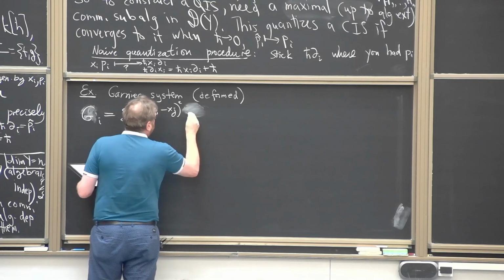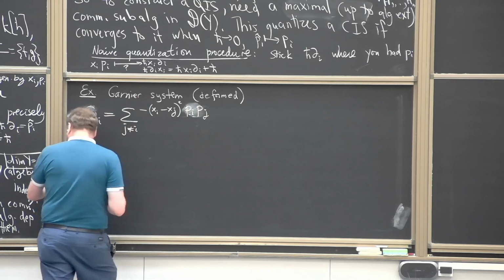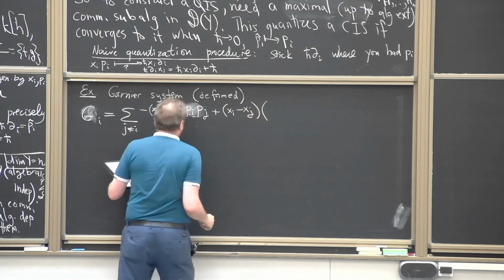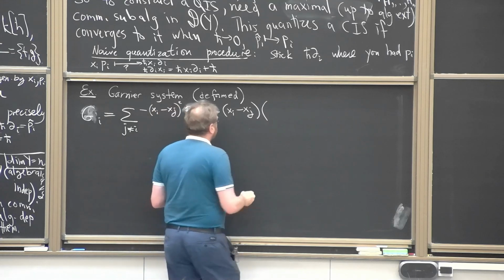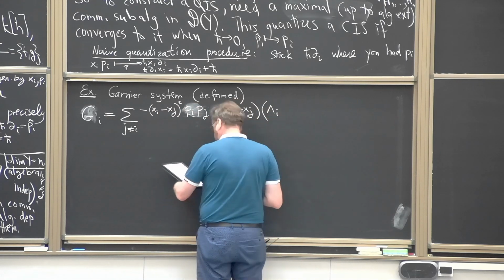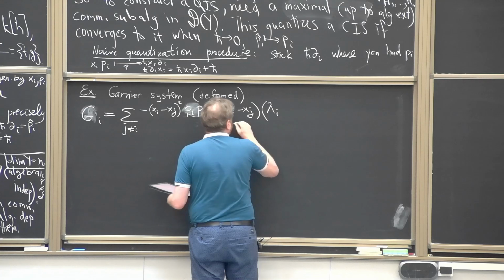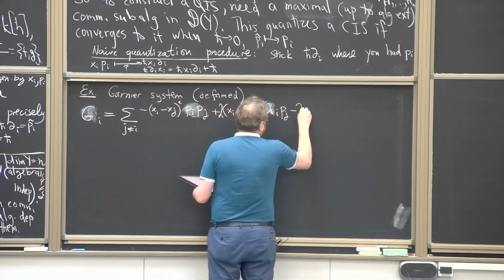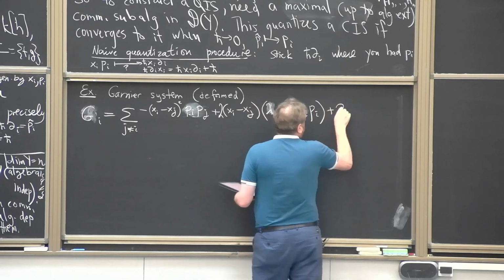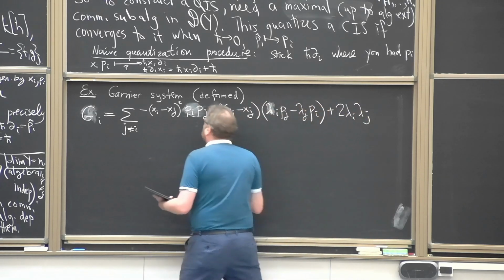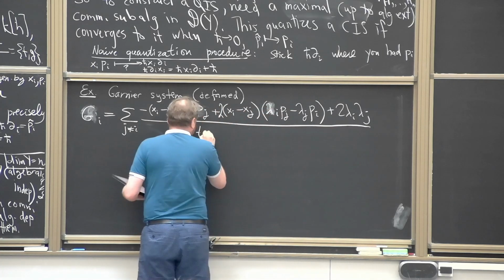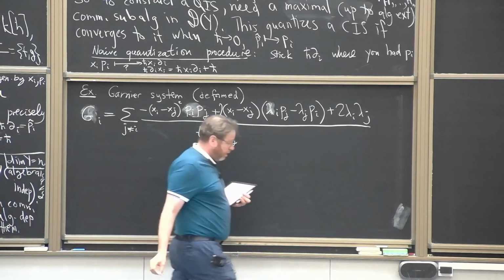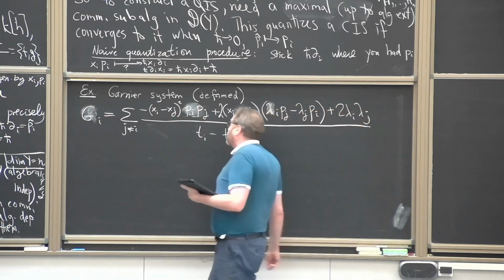So there was this p_i, p_j plus x_i minus x_j, lambda_i, well, twice lambda_i p_j minus lambda_j p_i plus twice lambda_i lambda_j divided by t_i minus t_j, where x's and p's are the standard coordinates in momentum.